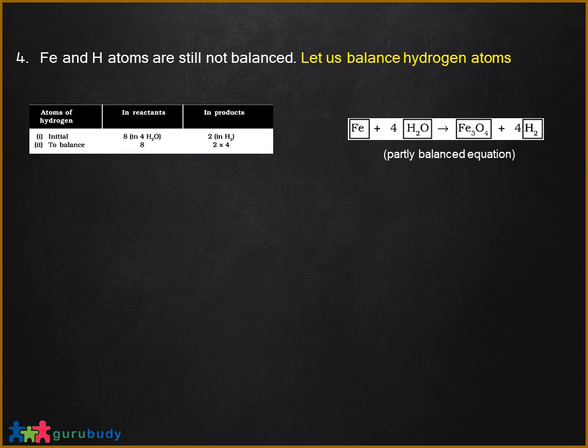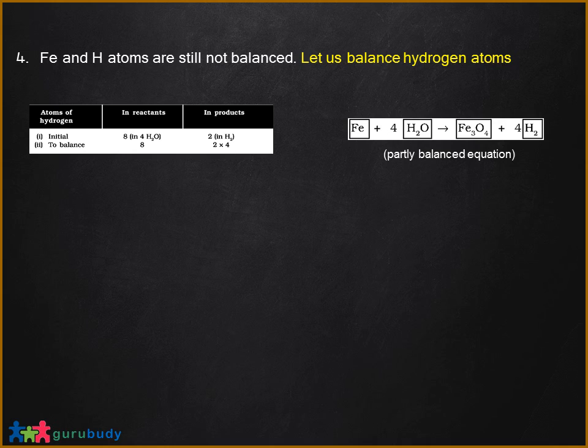So what we can do is multiply the product by 4, so we will have 8 in the reactant side and 8 in the product. As you can see in the box equation, I have multiplied the product by number 4. Now we have 8 atoms of hydrogen in the reactants and 8 atoms of hydrogen in the product. So this equation is balanced from the hydrogen point of view.